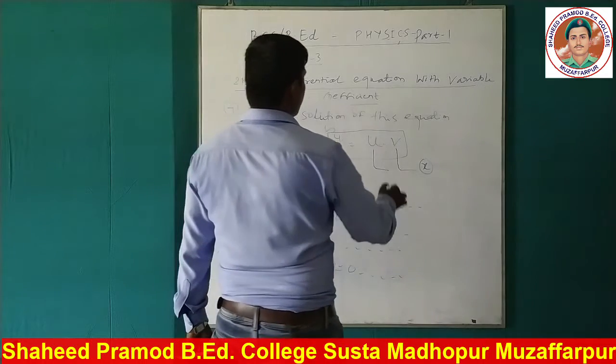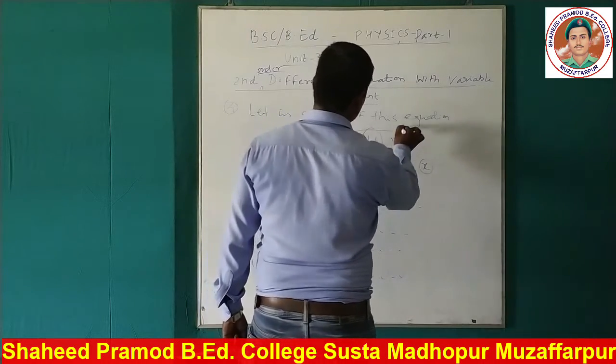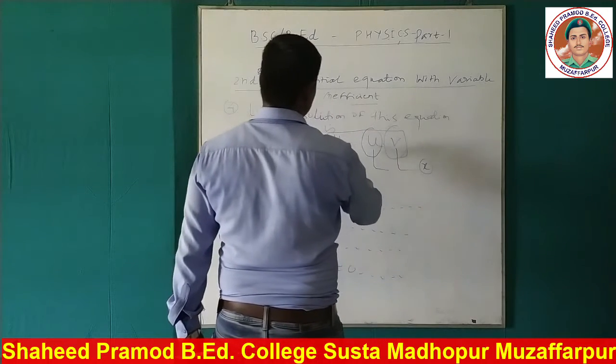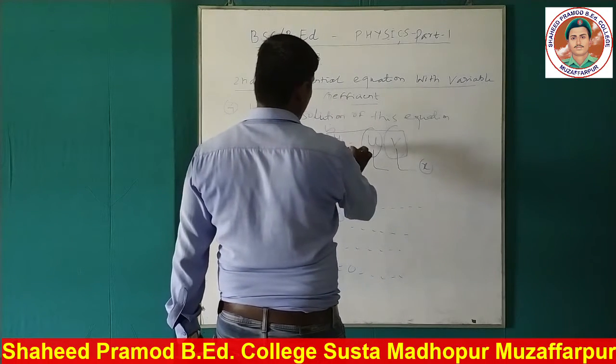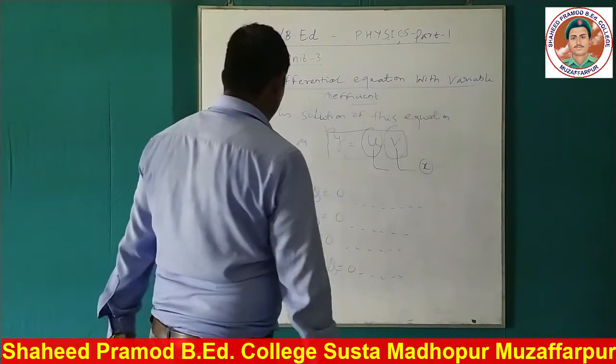So whenever you will get the value of u and value of v, so simply you will have to multiply both and you will get the answer.